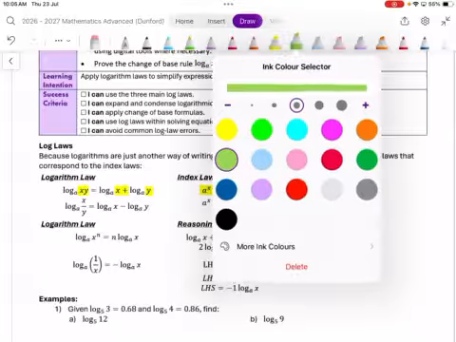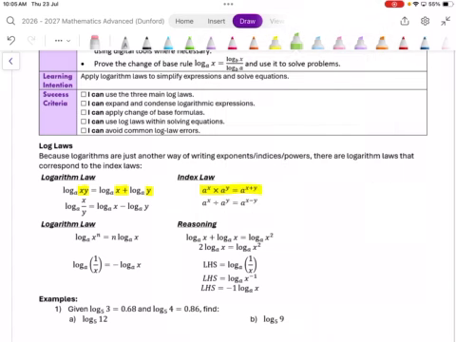When we have division, it means we're minusing our logs. So log base A of x divided by y, and remember divided is the same as a fraction, is equal to log base A of x minus log base A of y.